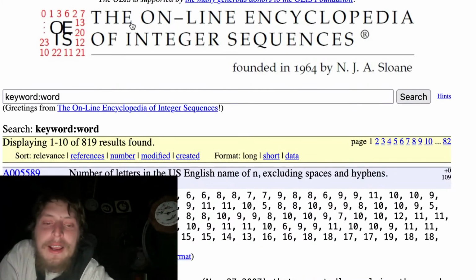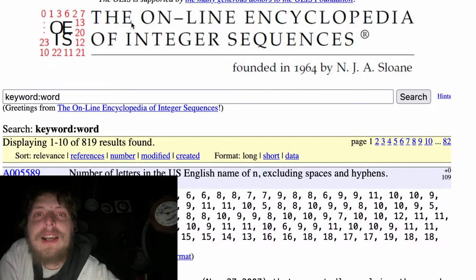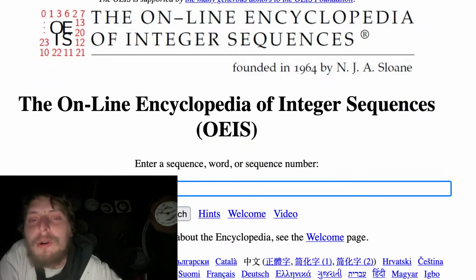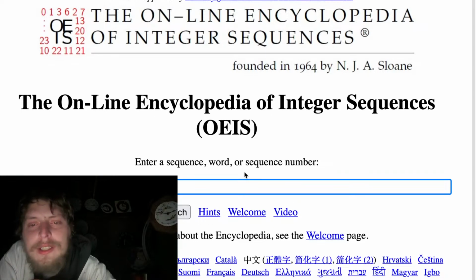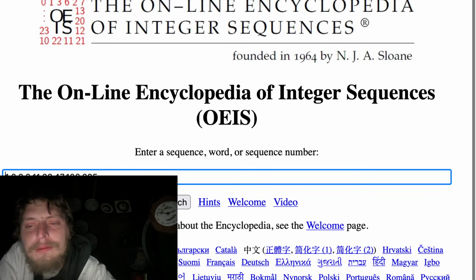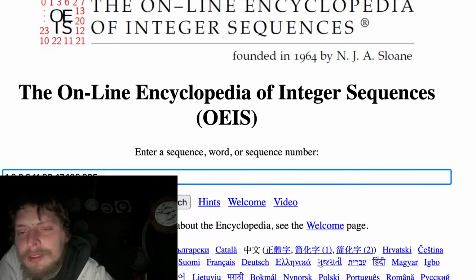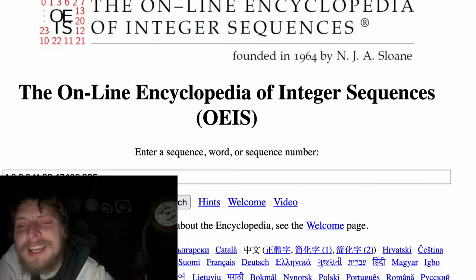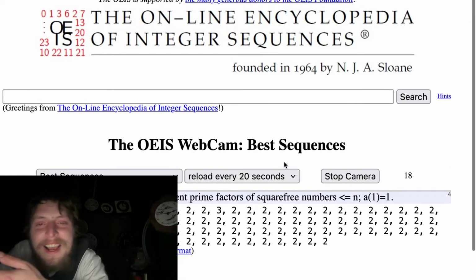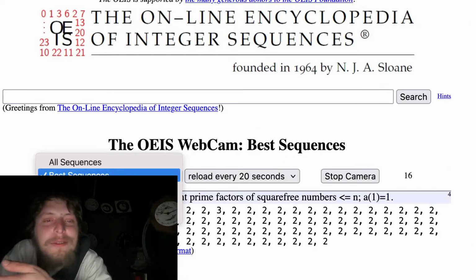Anyway, if you ever explore the OEIS yourself, another way you can explore it is, where is this? Oh, it's down here. It's the one they call webcam for some reason. And it flashes some of the best sequences.